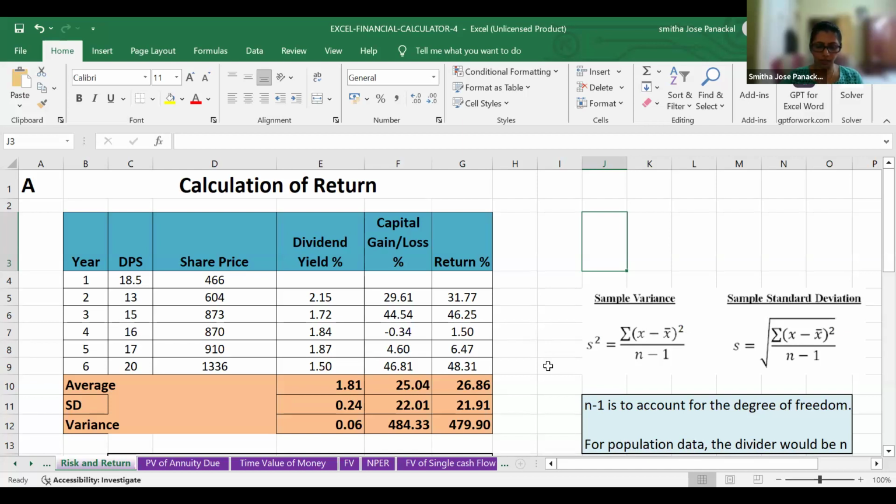How can you control unsystematic risk? Using diversification, right? And you can measure the unsystematic risk using standard deviation and variance, and systematic risk can be measured through beta. Hope this is enough for today.